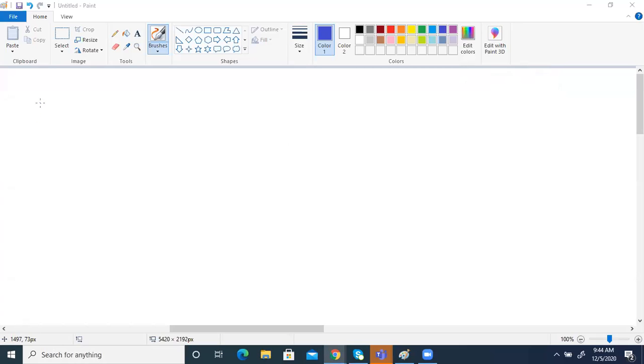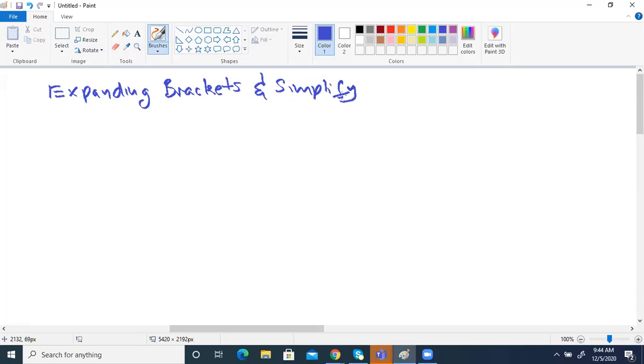So let's expand brackets. Usually expand and simplify, right? Or should I say expand brackets and simplify? Either way.